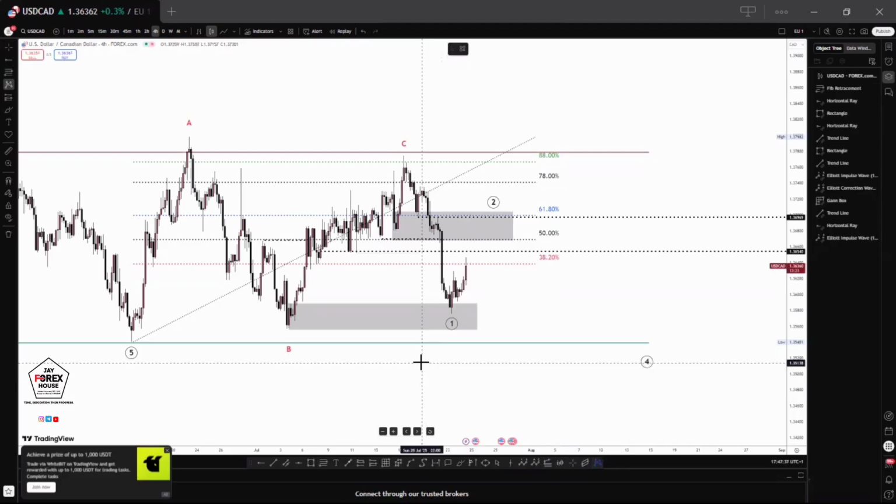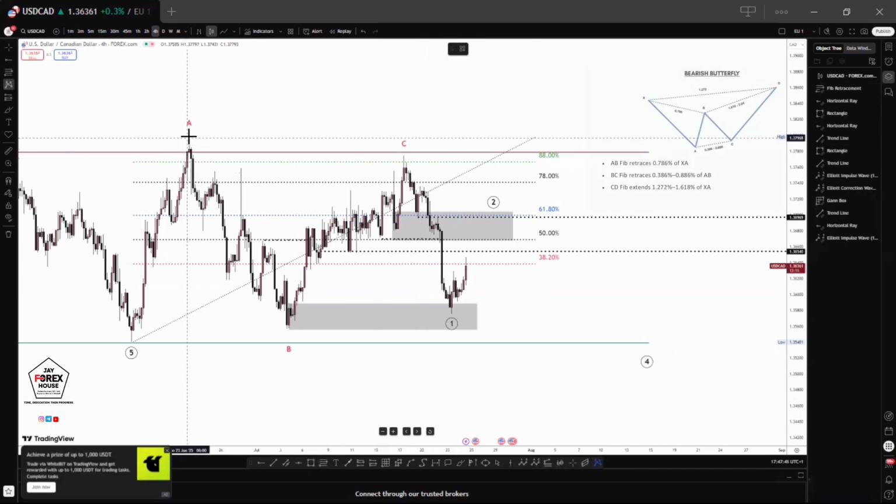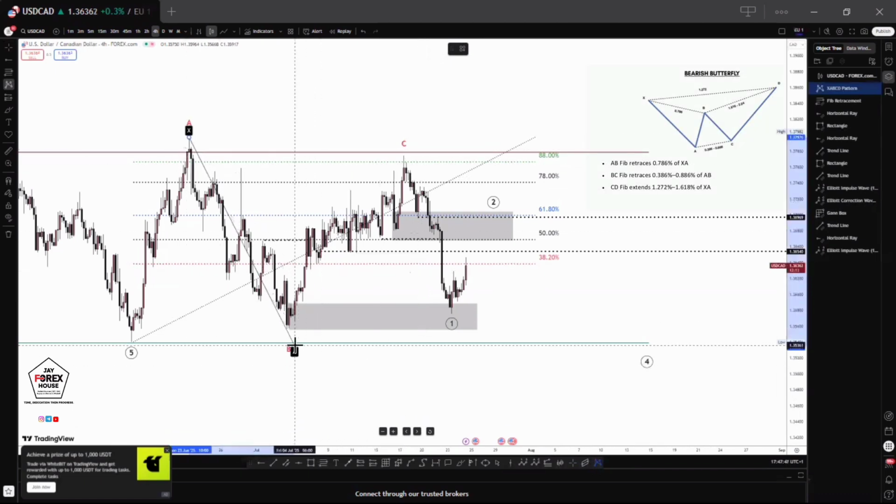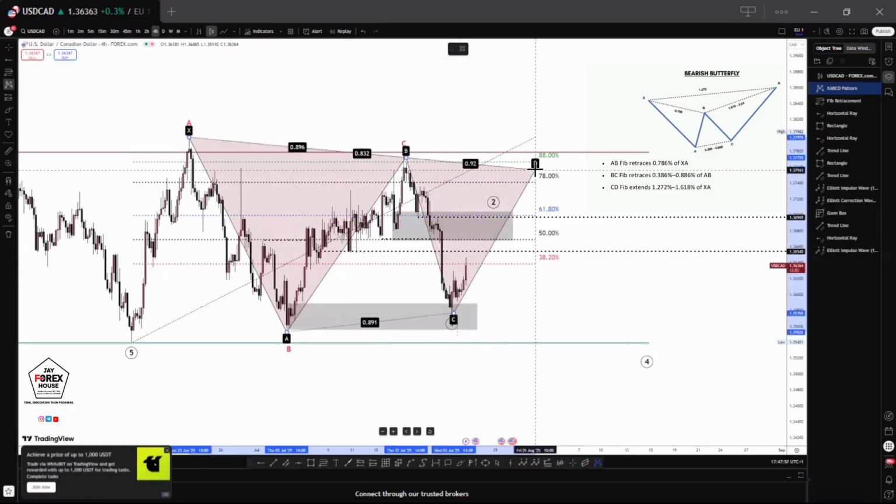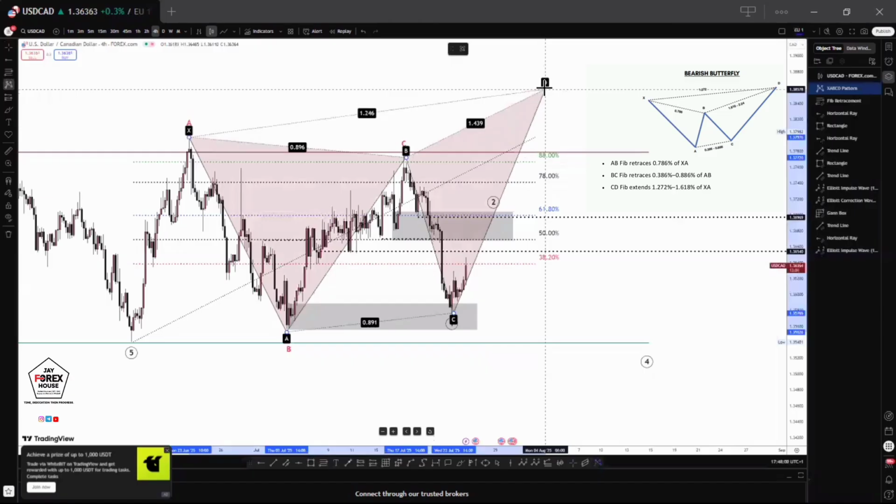So let's say we're trying to draw one of the patterns. I'm trying to look at my book and see where I could identify one of those. So let's say something like this. A, B, this would be C. Right?